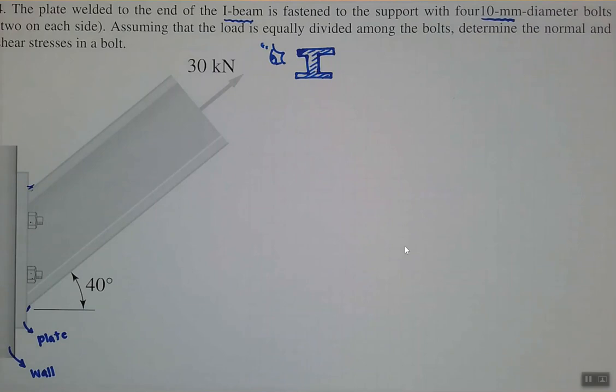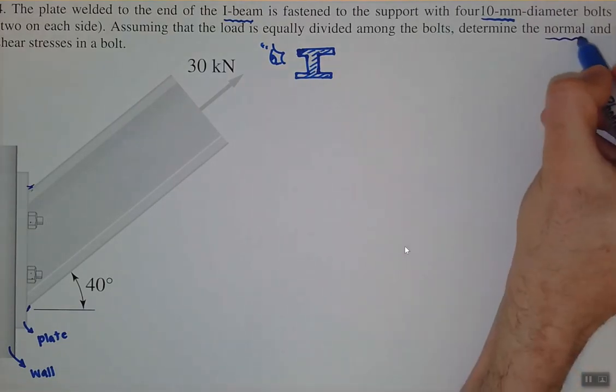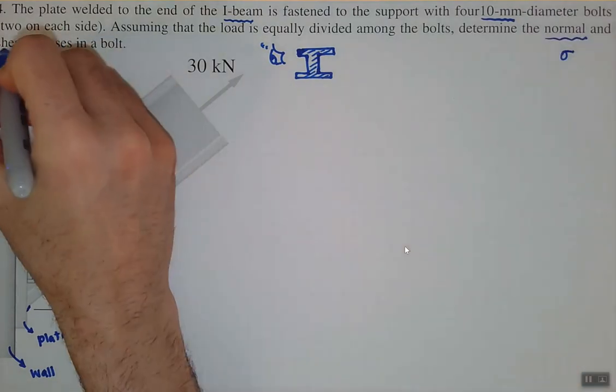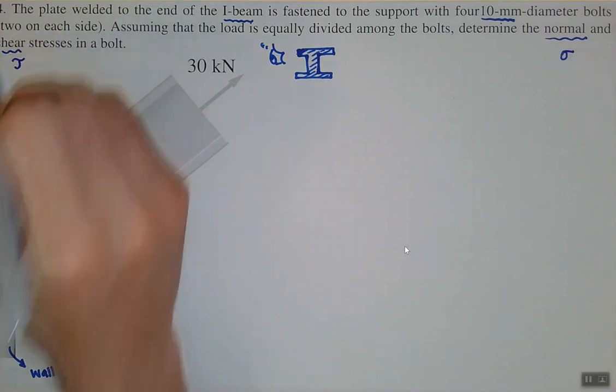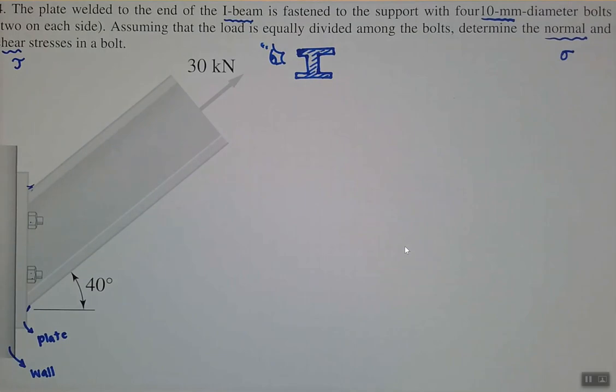This is all the information that we have, and the question asks us to find the shear and normal stress, right? Normal stress sigma and shear stress tau in these bolts. I explained the difference between normal stress and shear stress in the class. I'll explain again here.